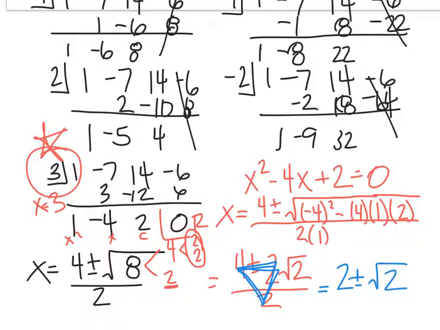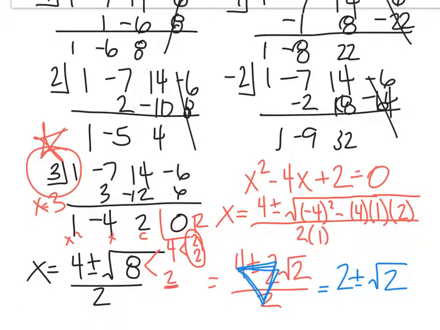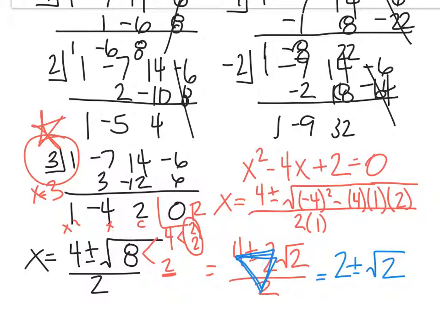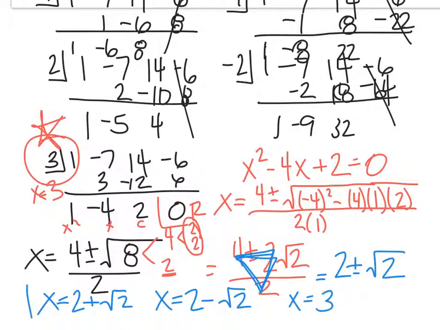So remember, we started with a degree 3 polynomial, so that means that my 3 answers are x equals 2 plus the square root of 2, x equals 2 minus the square root of 2, and then x equals 3, what we found in the synthetic division.